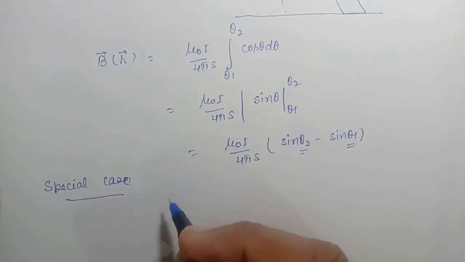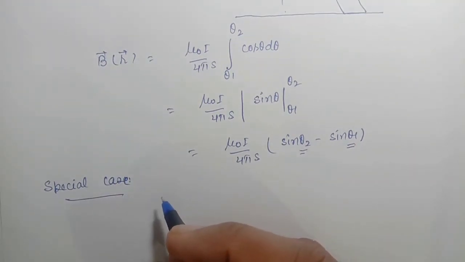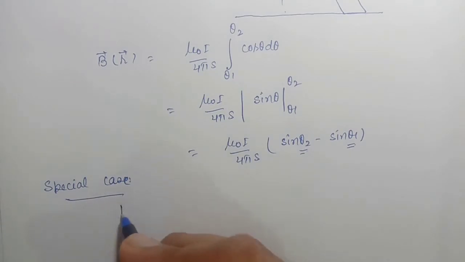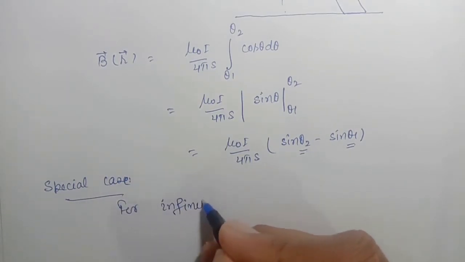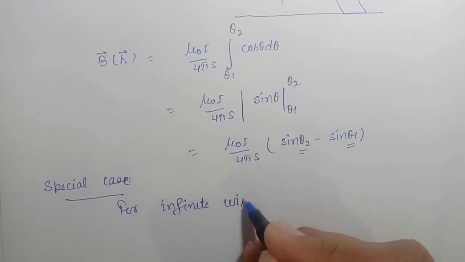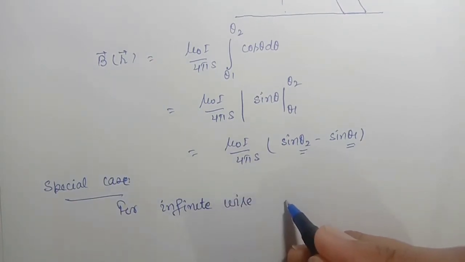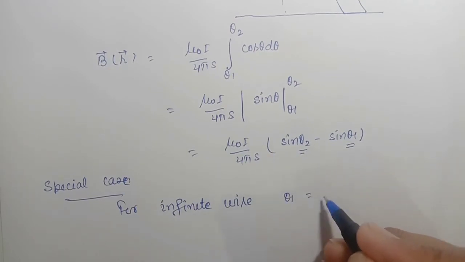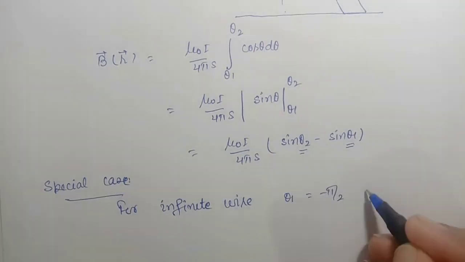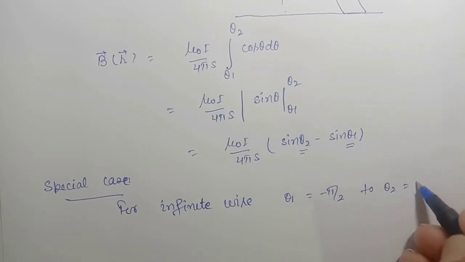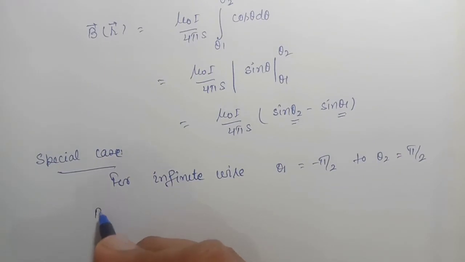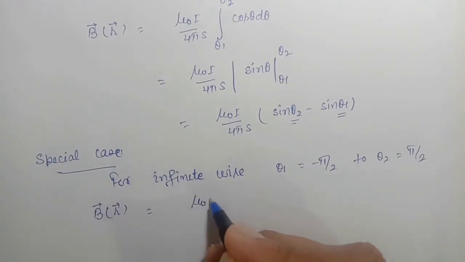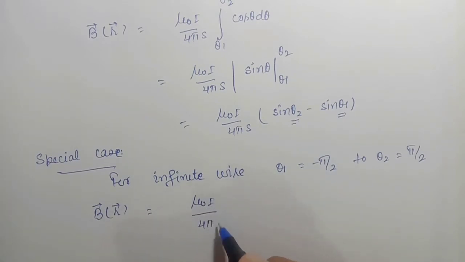Suppose we have an infinite wire, that is, the limit varies from minus pi by 2 to theta 2, that is pi by 2. In that case, the magnetic field B equals mu naught I over 4 pi s.